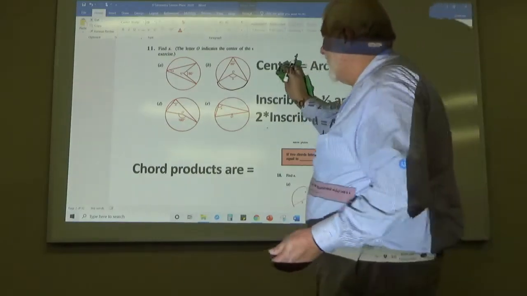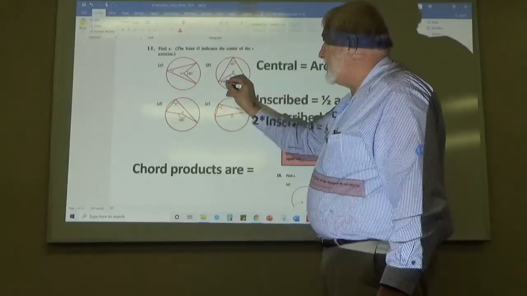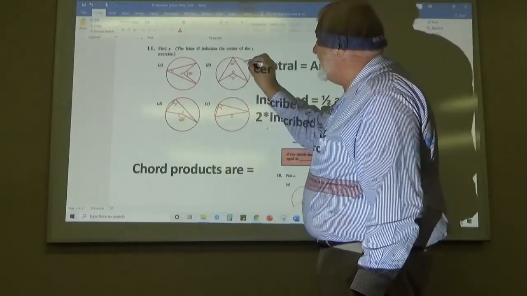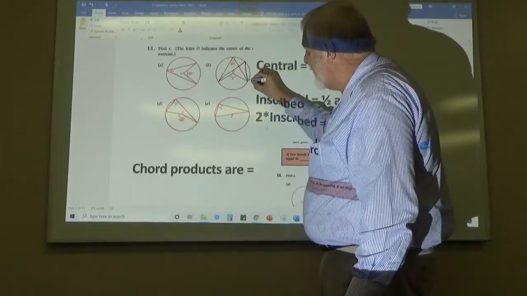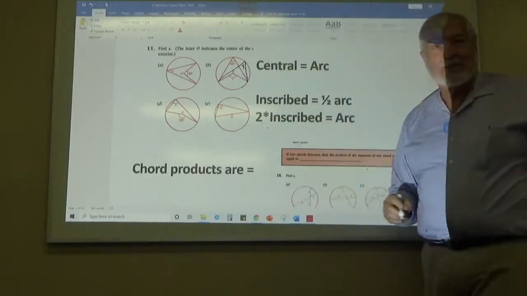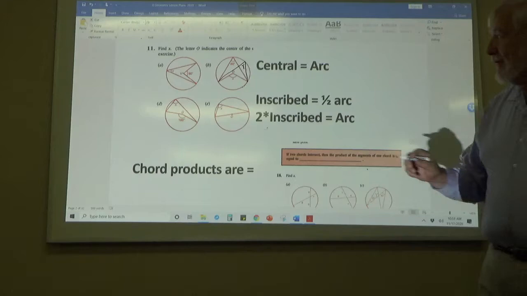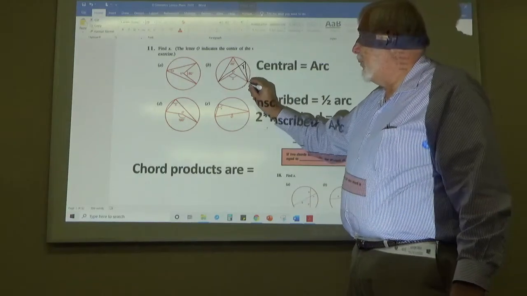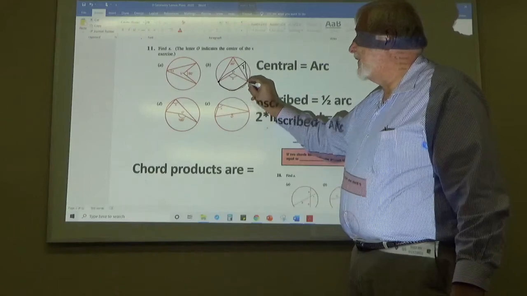Okay? Now, let's go back to this one. This is 60 degrees. How much is y? 60 degrees. Well, how do you know? Because they are both identifying the same arc.